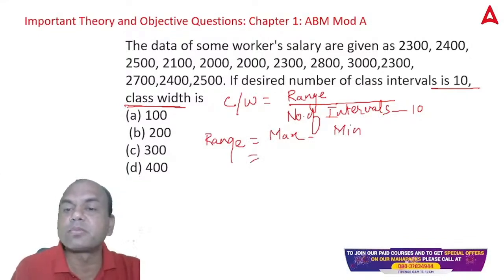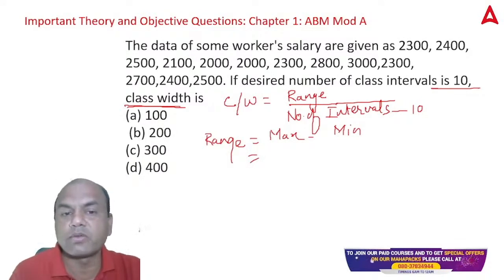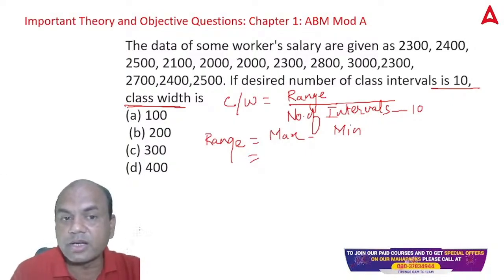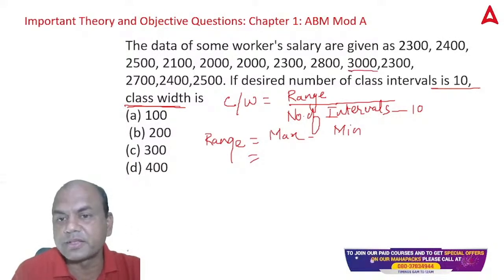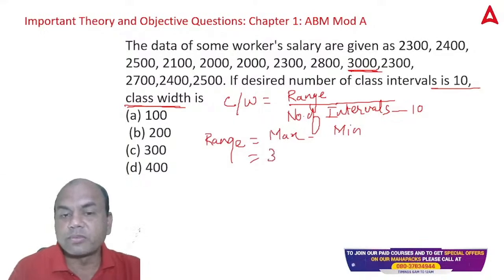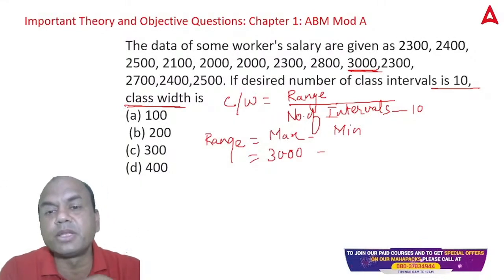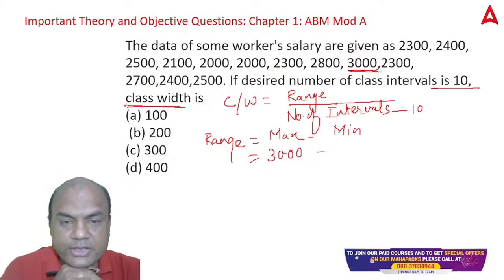What is the maximum number over here? 2300, 2400, 2500, 2000, 2800, 3000, 2700. 3000 is the maximum number, isn't it? What is the minimum number then? Type in the comment section, everyone.